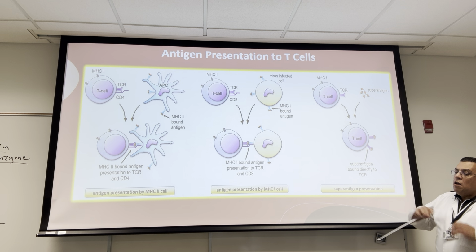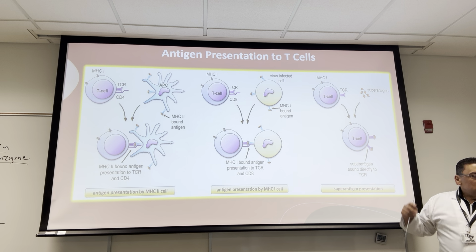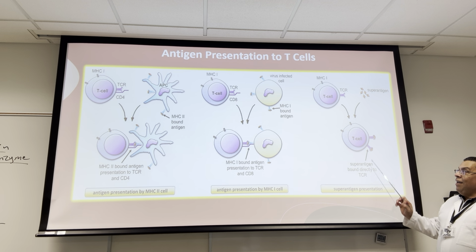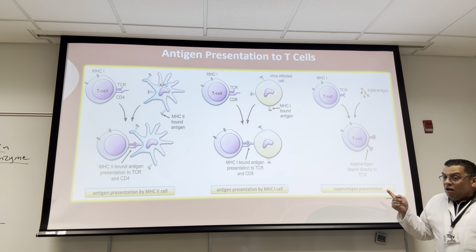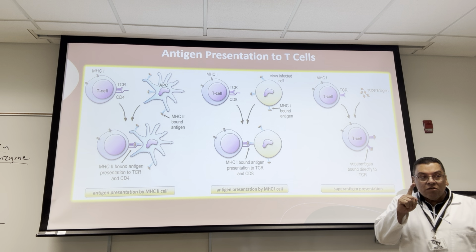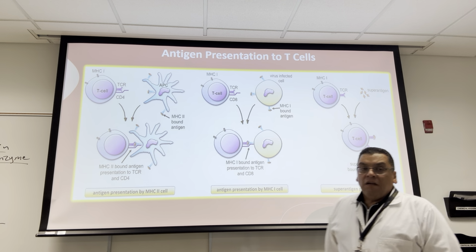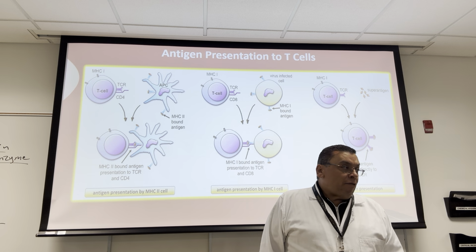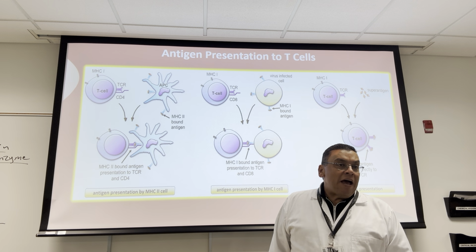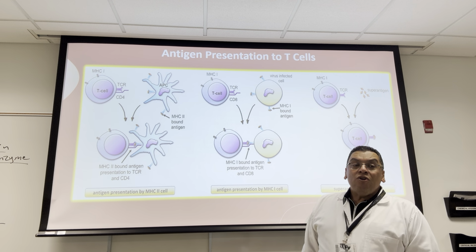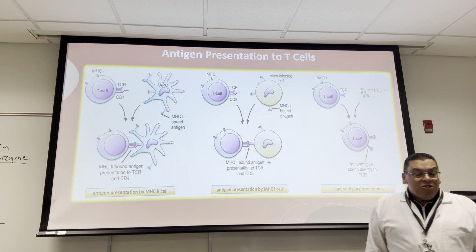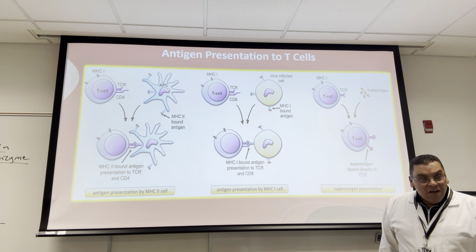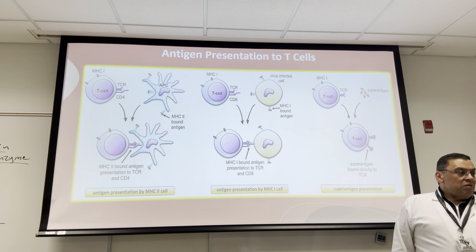What you get is a massive response. And that type of response will hurt the host. It can actually even lead to death of the host. That's how bad it can be. You do not want the antigen on its own to activate the T cells.